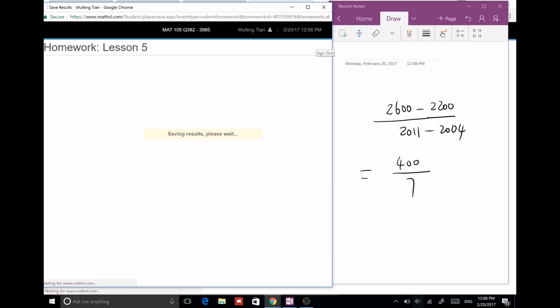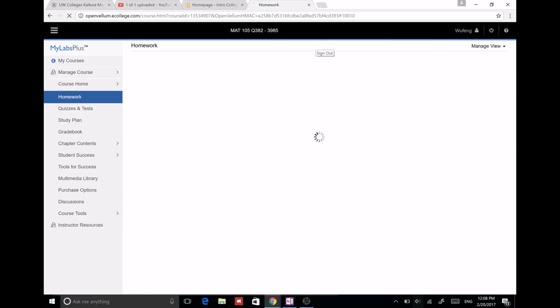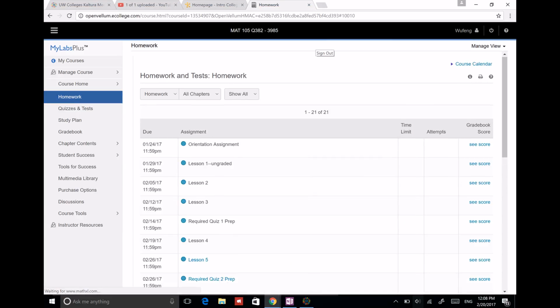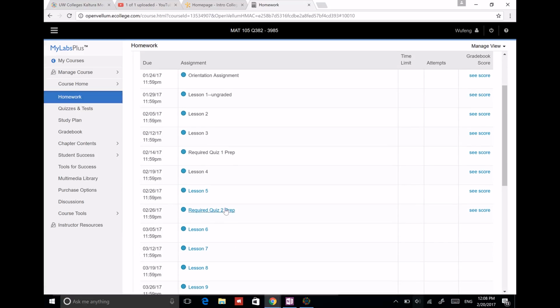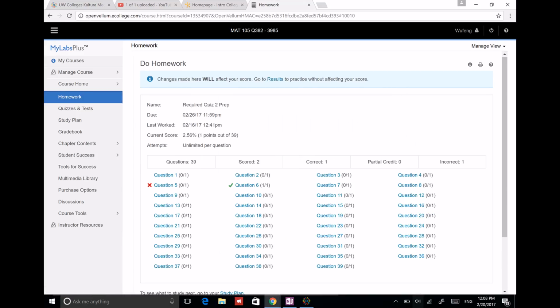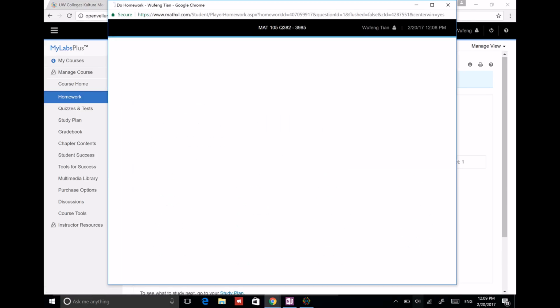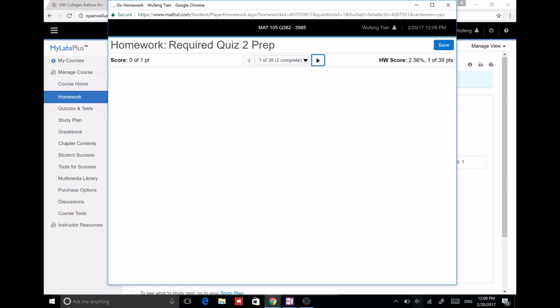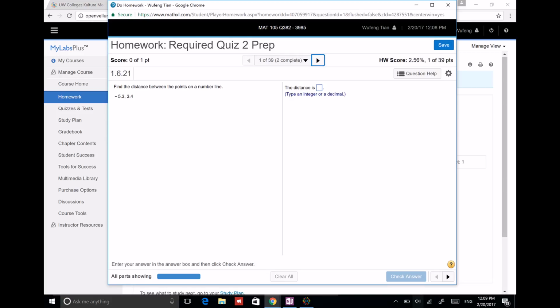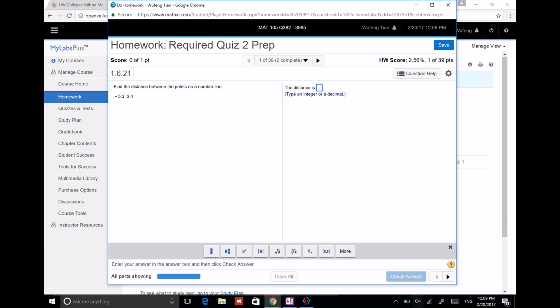Once you finish lesson 5, you need to continue with the required quiz 2 preparation. So you need to finish that. It's not going to be part of your homework, but it will help you prepare for quiz 2.